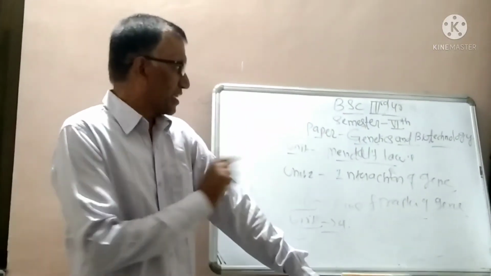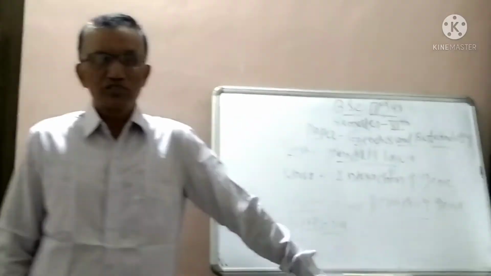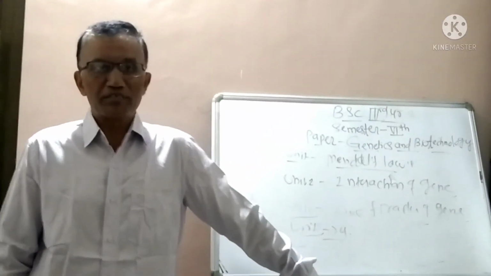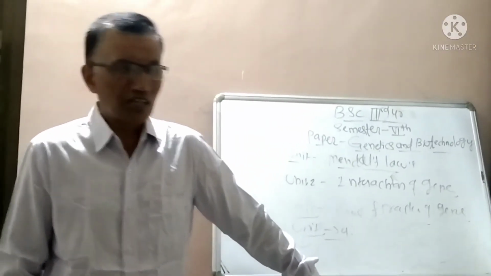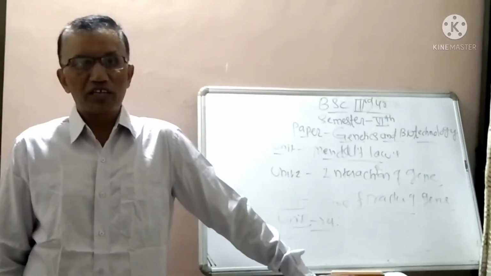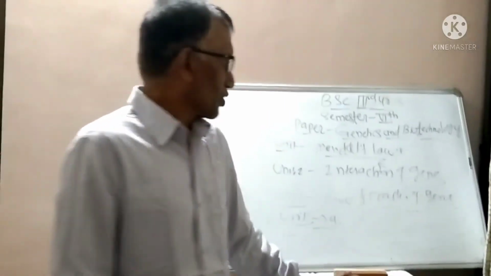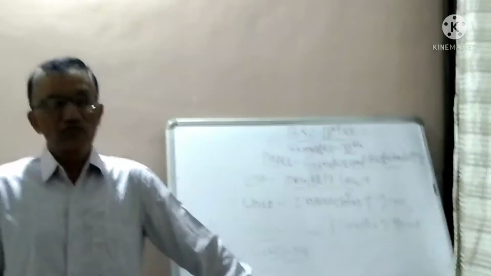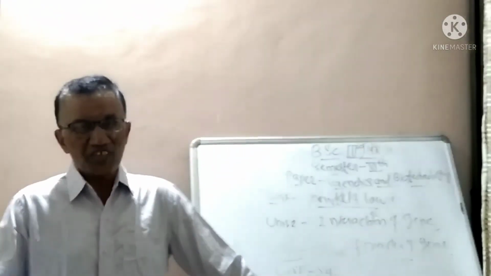For example, while explaining Mendel's laws, there are 3 laws given by Gregor John Mendel while proving the inheritance of characters from one generation to other generations.